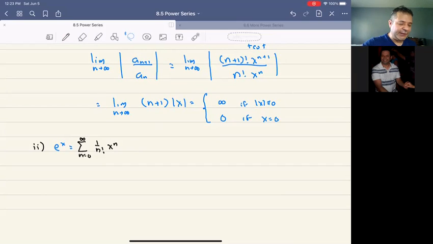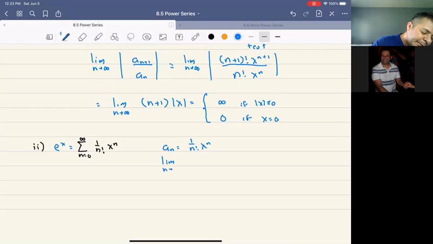Okay, so let's see. Let a sub n equal 1 over n factorial x to the n. We're going to take the limit as n goes to infinity of the absolute value of a sub n plus 1 over a sub n.